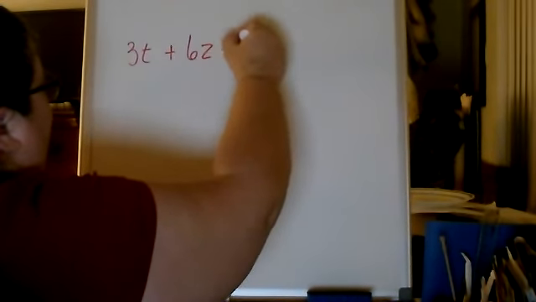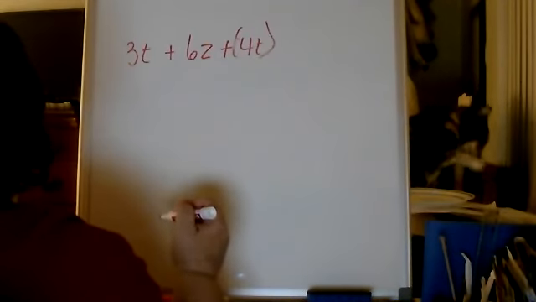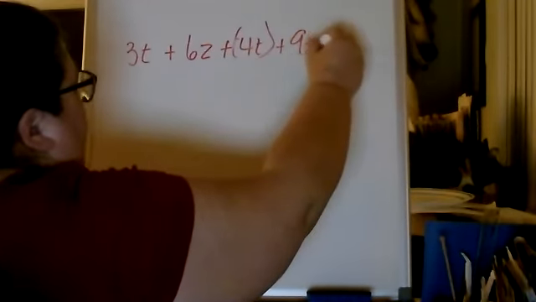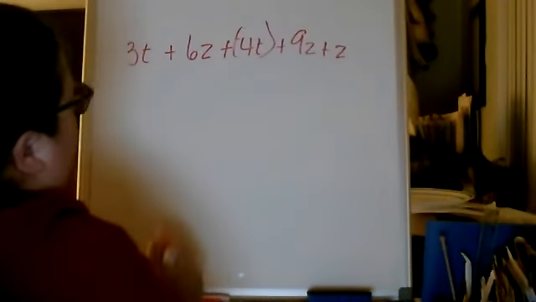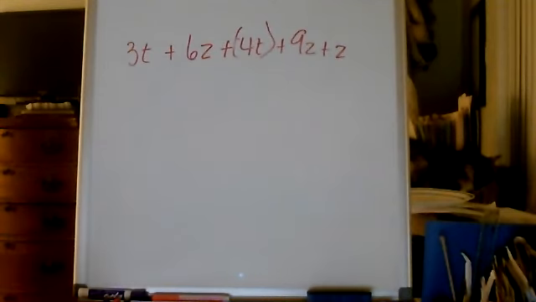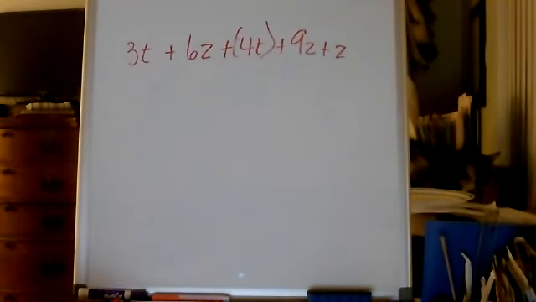We're going to add a negative 4t plus 9z plus z. Okay. So I'm going to give you a minute to look at that and decide what it is you think you should do with this.